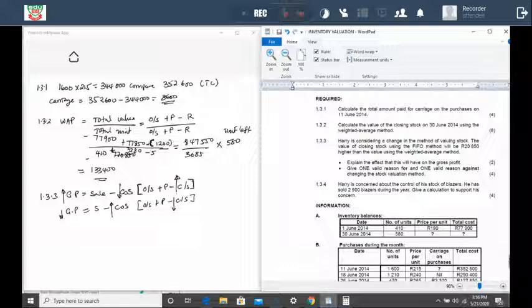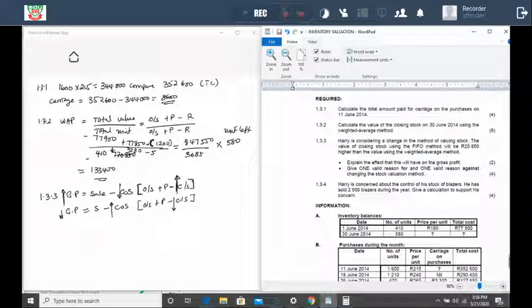So how will this affect the gross profit? We say that the gross profit will automatically increase by that amount that you've seen from our calculation. Once the closing stock value increases, it means gross profit also will increase.